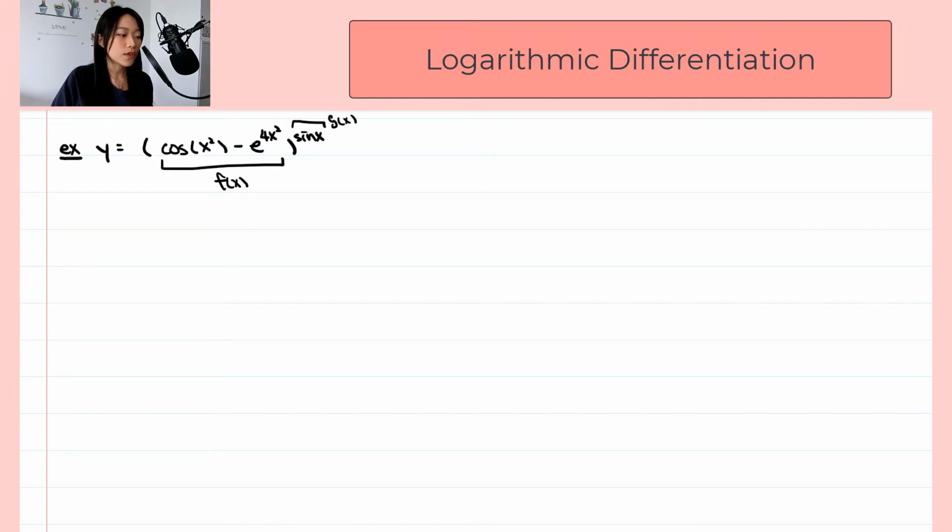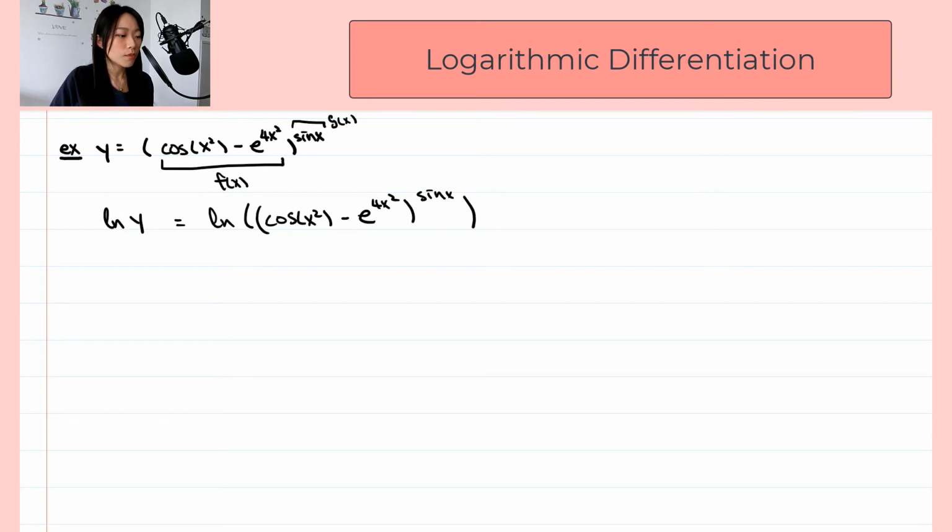So here we'll need to use log differentiation to find y prime. So the first step is to take ln on both sides. Ln of y equals ln of the right-hand side: cosine of x squared minus e to the power of 4x squared, and the whole thing to the power of sine of x.